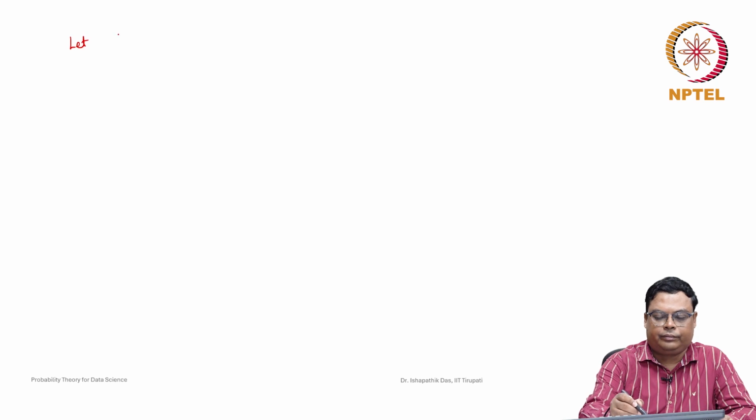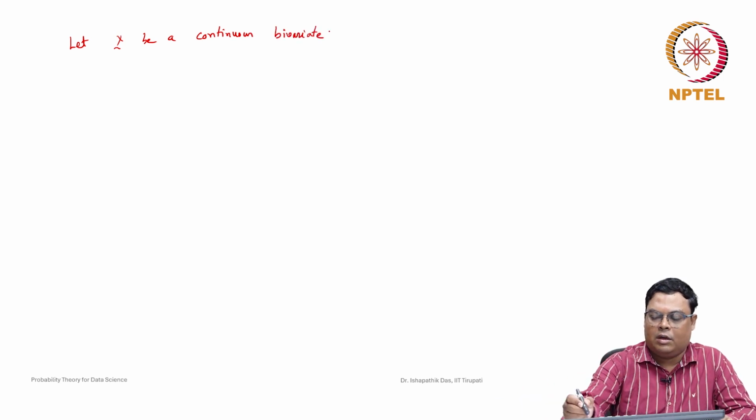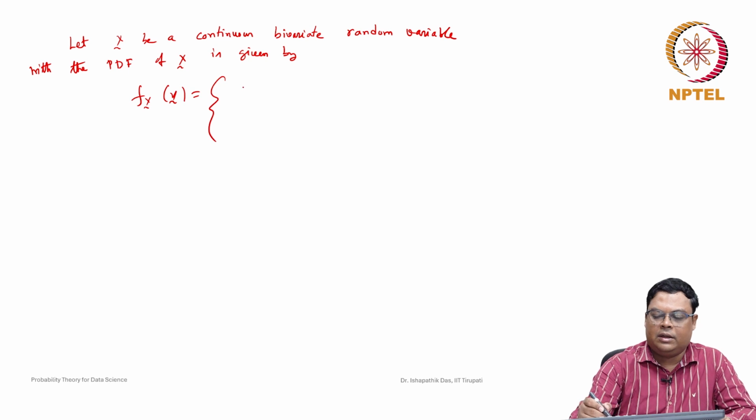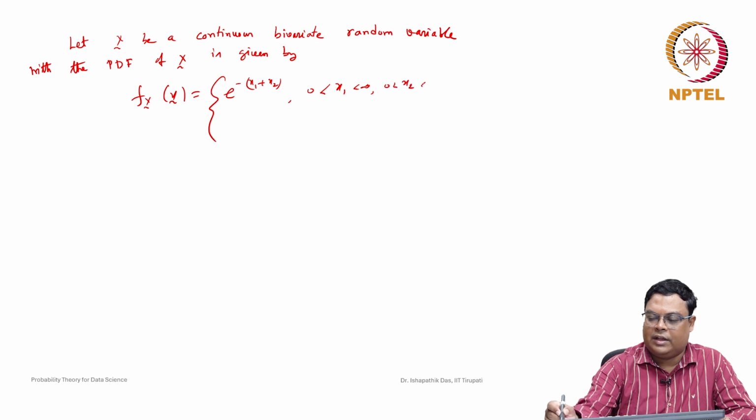Let X be a continuous bivariate random variable with the probability density function of X given by, suppose, f of x equal to e to the power of minus (x1 plus x2) whenever x1 is greater than 0 and less than infinity, x2 is greater than 0 and less than infinity, and 0 otherwise.